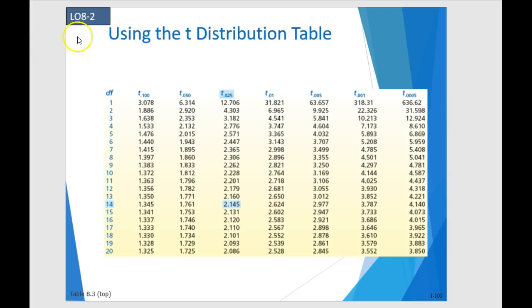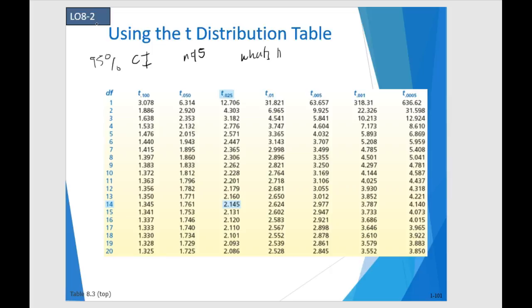This is what this table looks like. If I wanted you to look up a 95% confidence interval for a sample size of 15, so I'll just write this here: 95% confidence interval and n equals 15.